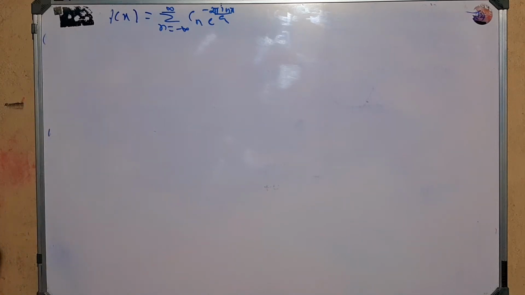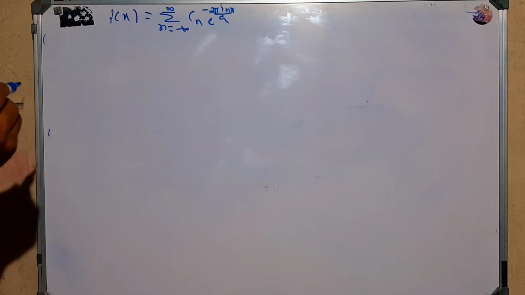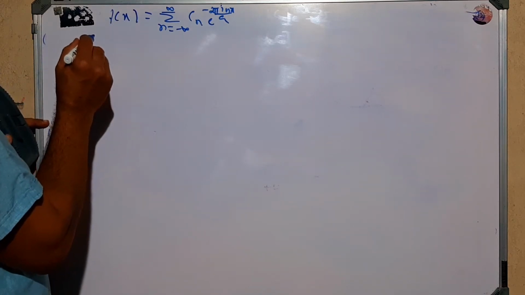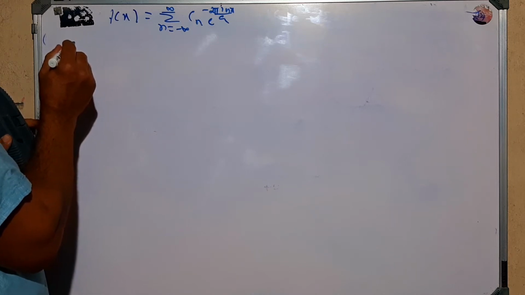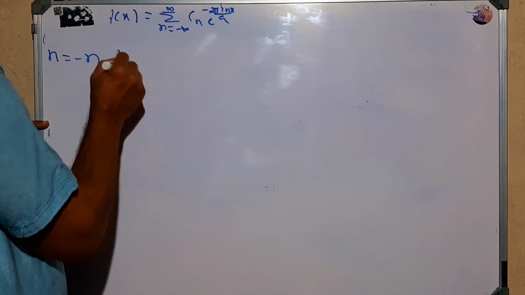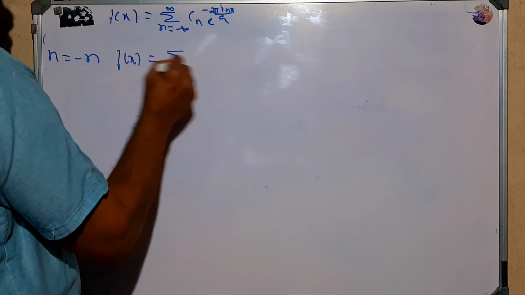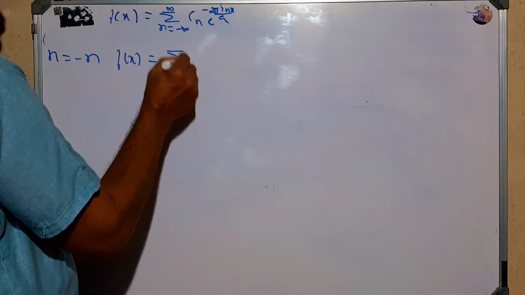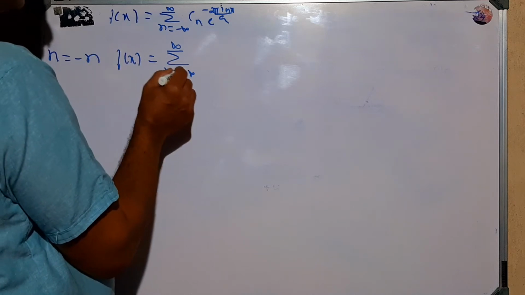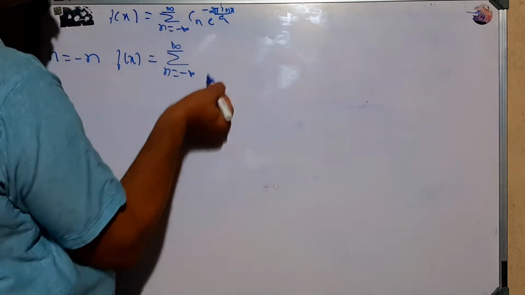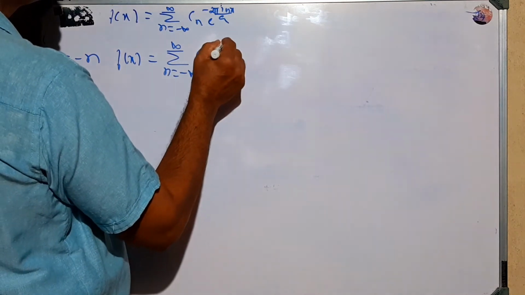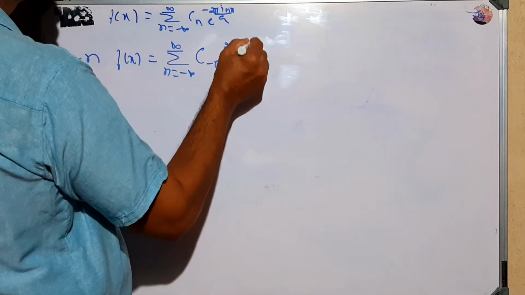So here when you are considering this, what happens? If you substitute n is equal to minus n, what happens to this equation? F of x is equal to sigma n is equal to minus infinity to plus infinity; n is equal to minus n, that means infinity to minus infinity, you can reverse it. C minus n e to the power 2 pi inx by a.